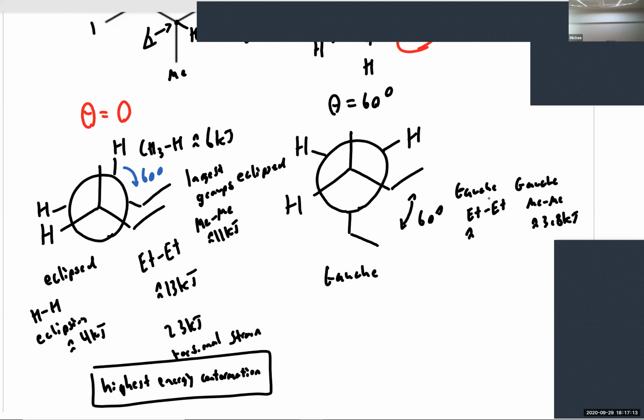Would anyone have an estimate? Ethyl groups are a little more bulky, so we'd probably want a Gauche interaction between ethyl groups to cost us a little bit more energy. And what value would that be, roughly? Around 5, yeah, that's reasonable.